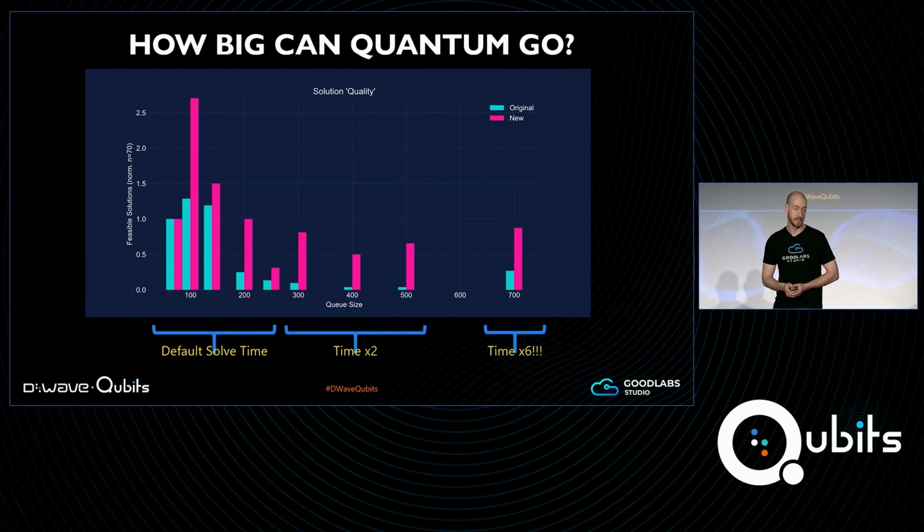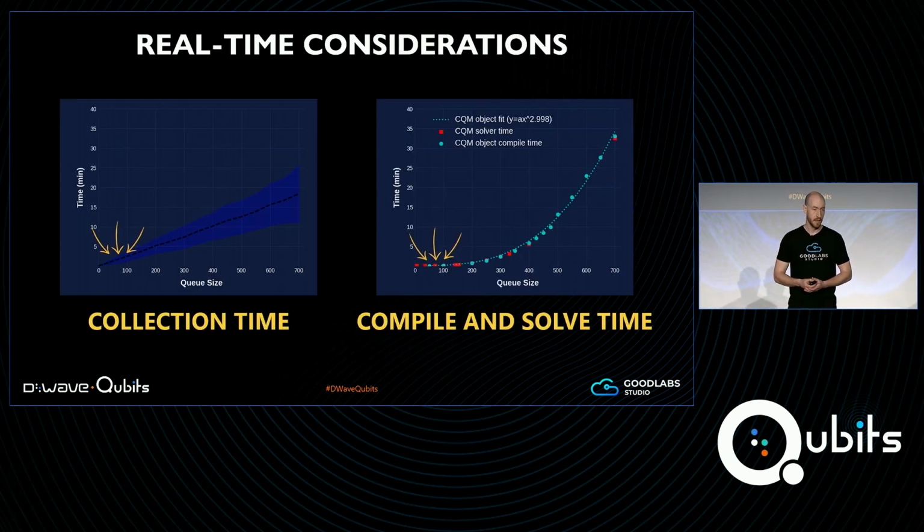And thus the quality of the solution also increasing. So to run in real time, we need to do four things. We need to collect our batch submitted by the banks in real time.